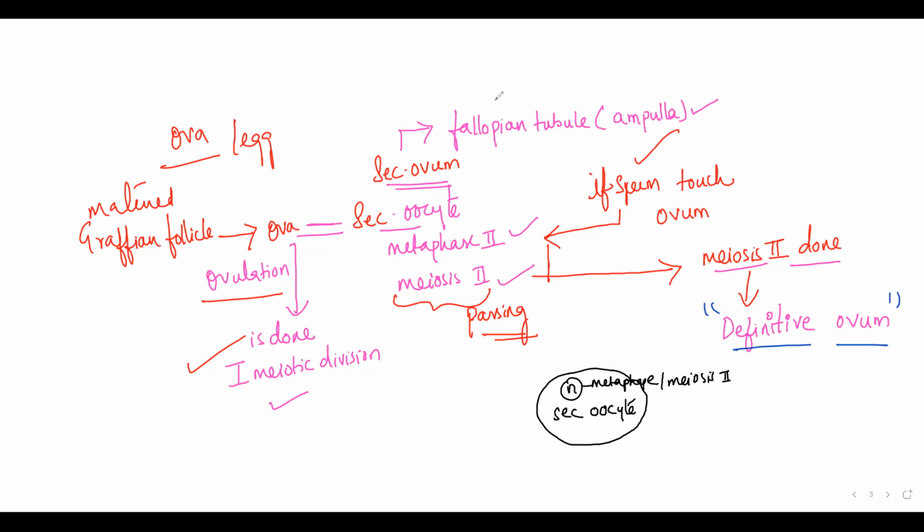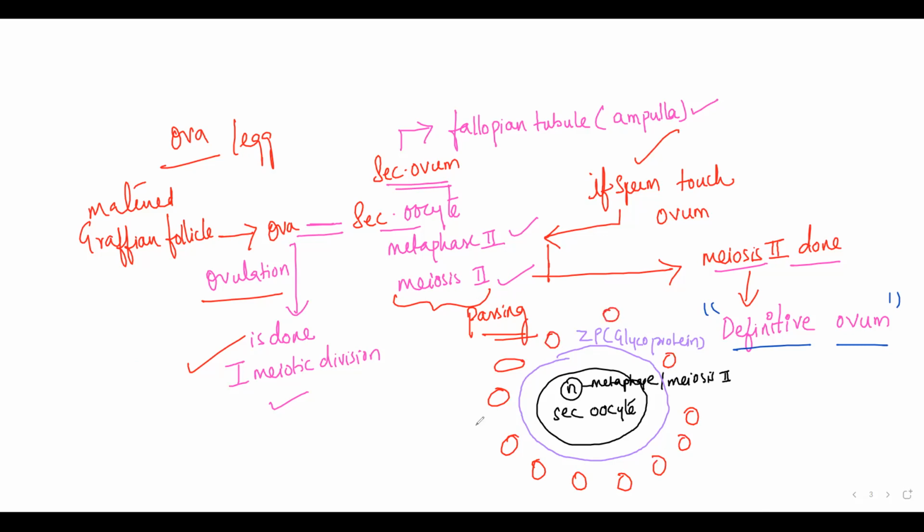And this has a covering which is called what? A zona pellucida, which is a glycoprotein membrane. Okay. And outside of this, there are some follicular cells which are called what? The corona radiata. They have these corona radiata cells also.